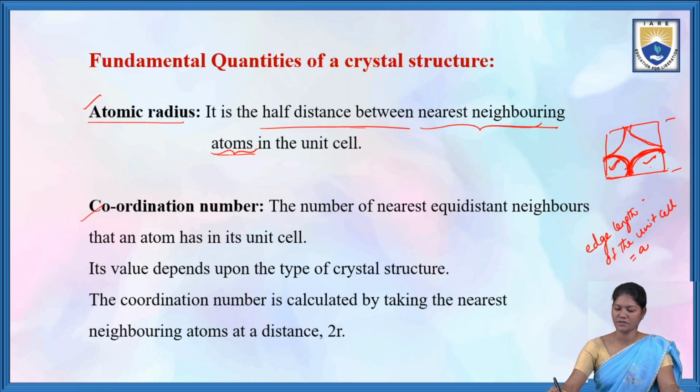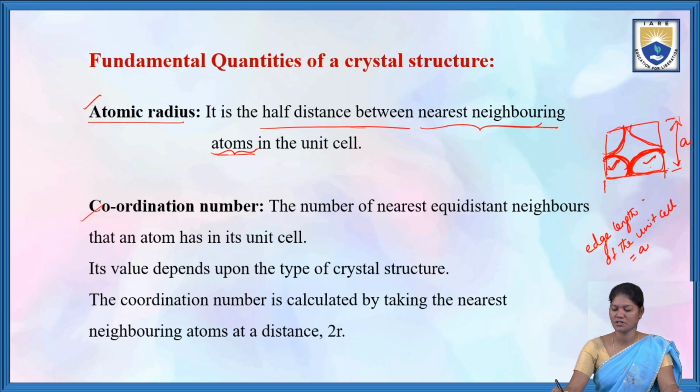If we take a simple cubic, all the dimensions are the same, so the edge length is a. The nearest neighboring atom to this atom is this one, or we can take this one also.